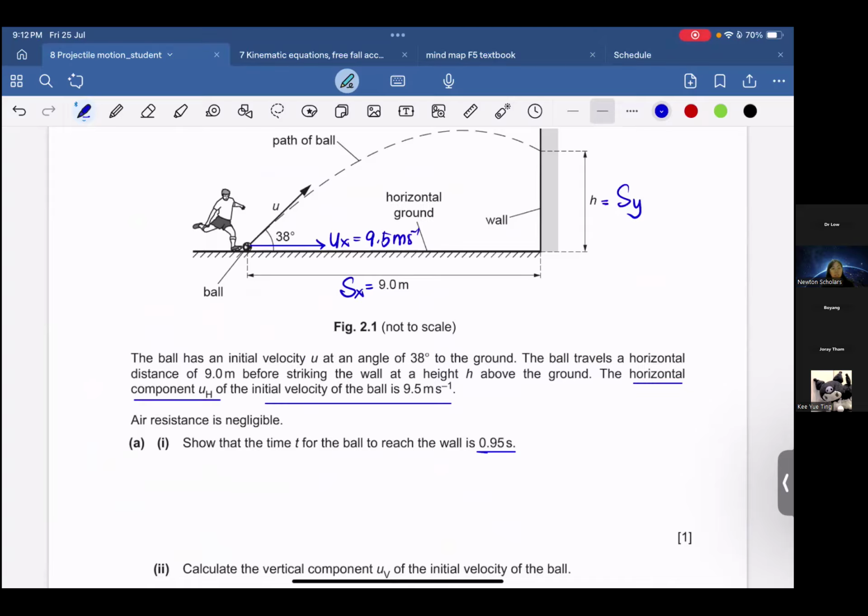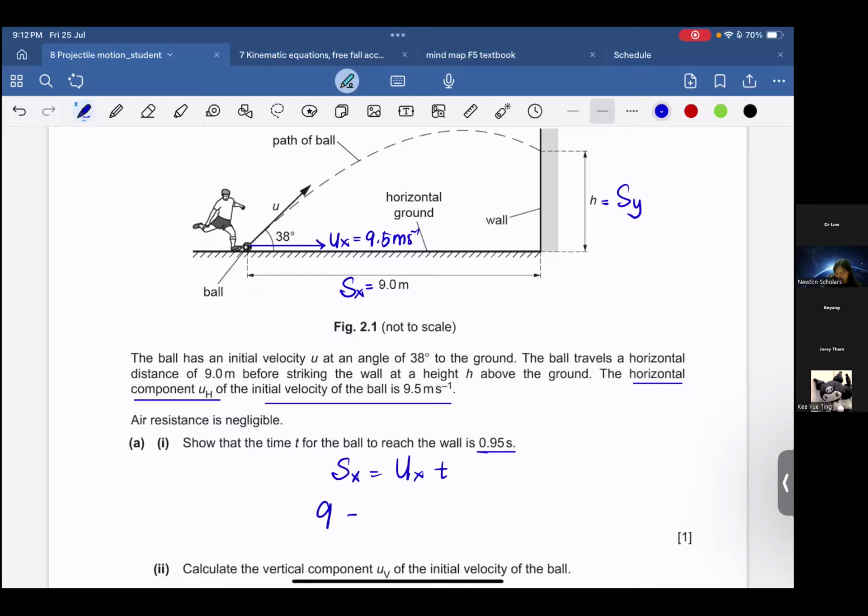Okay, boys and girls, for question A, they want you to find the time. For time we can use vertical or horizontal, it doesn't matter. Look at what information you have to find the t. It seems like horizontal is better, right? Because we have sx and ux. So sx equals uxt.